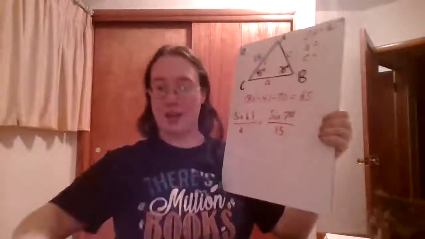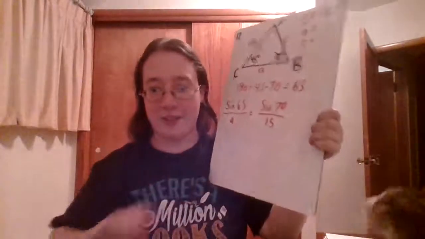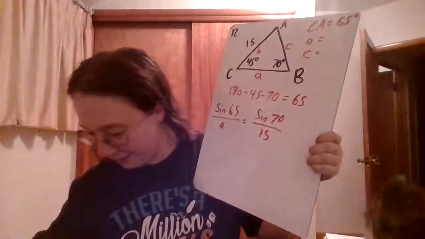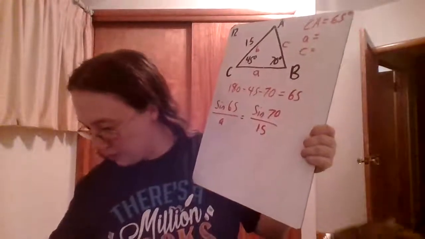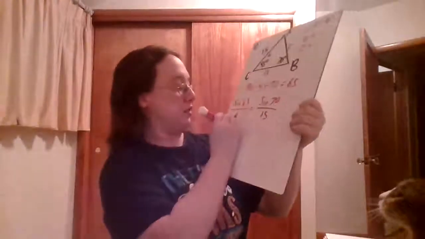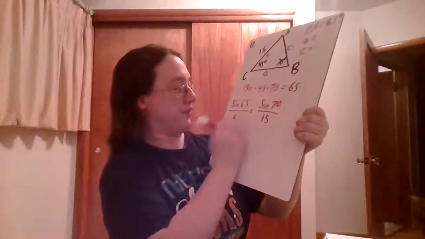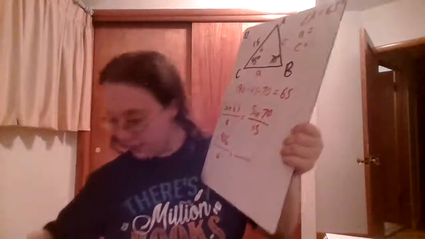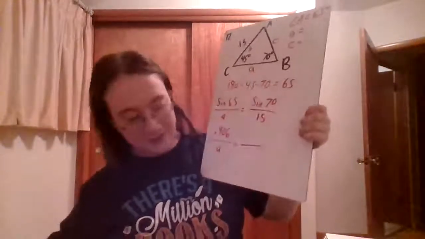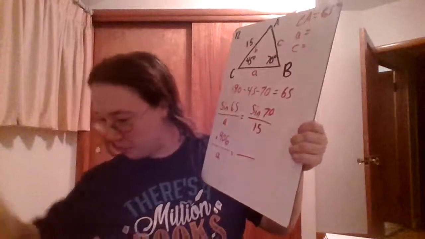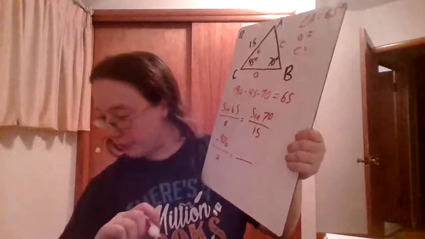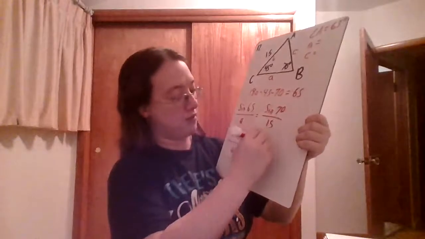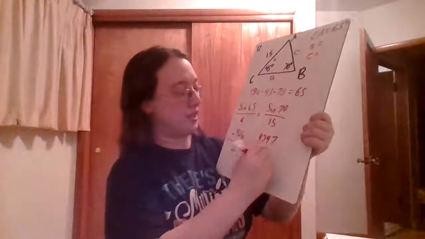Okay, now, once we've got that, the sine of 65 and the sine of 70, those are just numbers. So we can plug in the sine of 65, which is about 0.906. And we can plug in the sine of 70, which is about 0.9397 over 15.